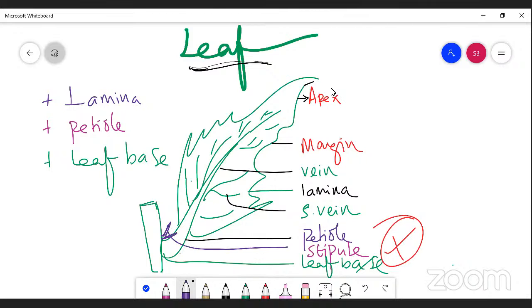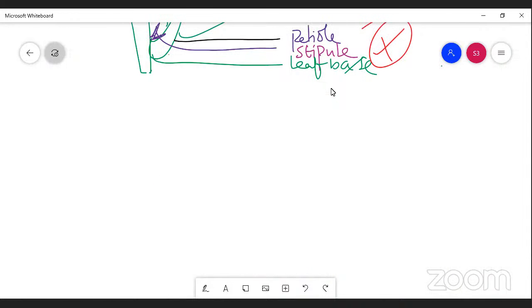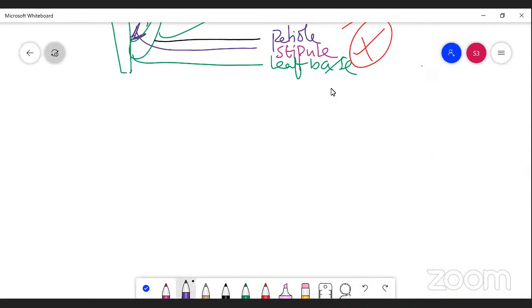So this is the nature of a leaf, my dear. Sometimes the leaf base may be sheath-like, or sometimes it may be swollen in nature. I am talking about, in some cases, the leaf petiole which becomes swollen.